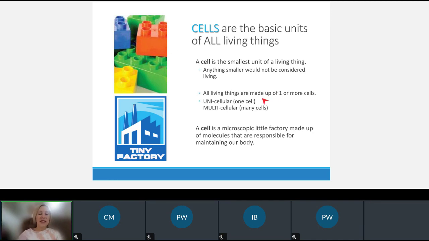One cell by itself is a living thing. It's a unicellular organism, and we have lots of very small unicellular organisms. Can you see unicellular organisms without a microscope? What do you think? Yes or no? Nope. You're right.